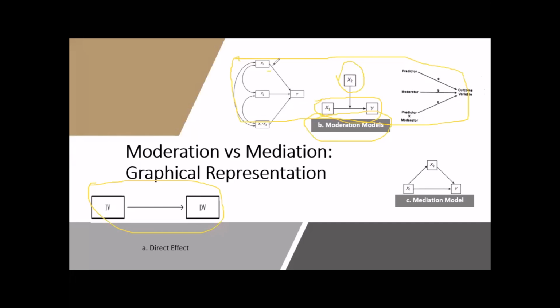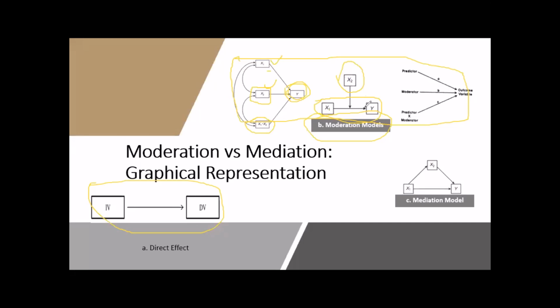Here you can see there is a variable x1 and there is a moderator called x2, and that is also affecting the dependent variable. When x1 and x2 interact with each other, they affect the dependent variable.